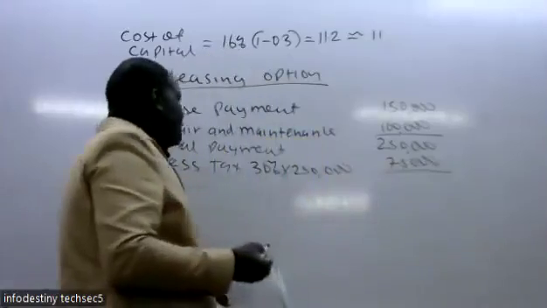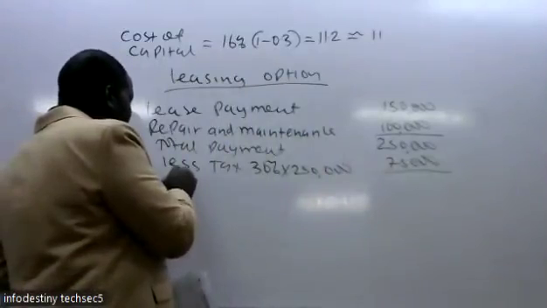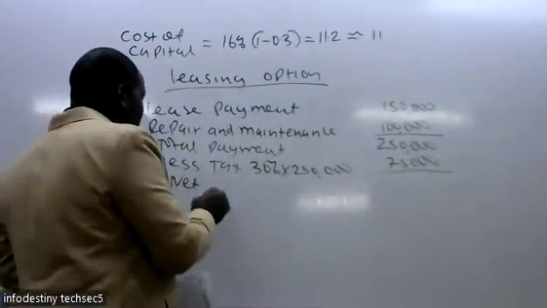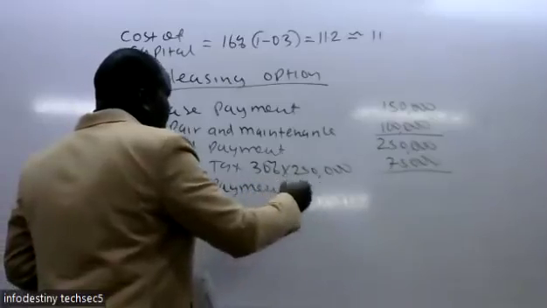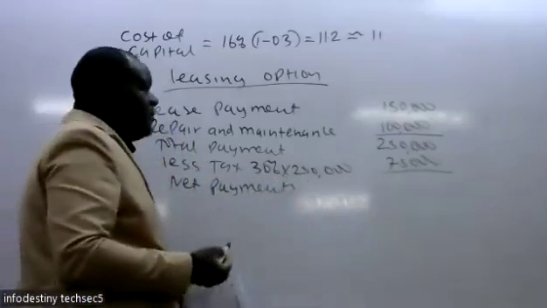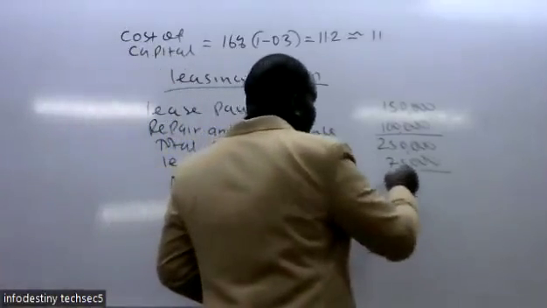So that you get the after tax payment, the net payments. So that net payment should be which figure? 175.